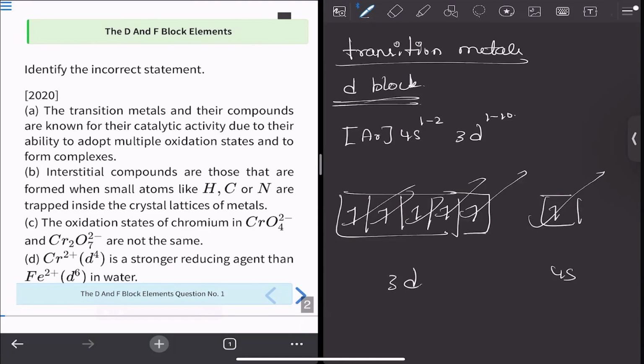So there is a possibility of many oxidation states. As there are many oxidation states, they can perform many reactions, they can catalyze, they can do many catalytic activities. So the first statement is a correct statement.